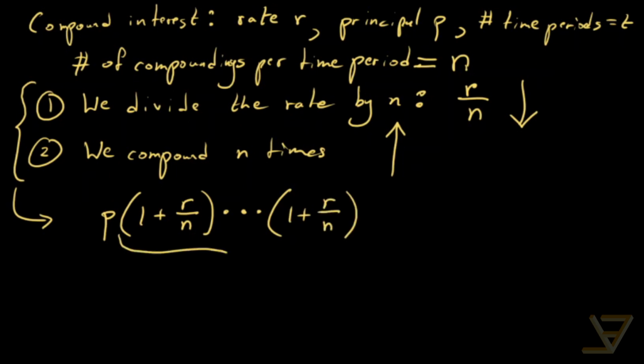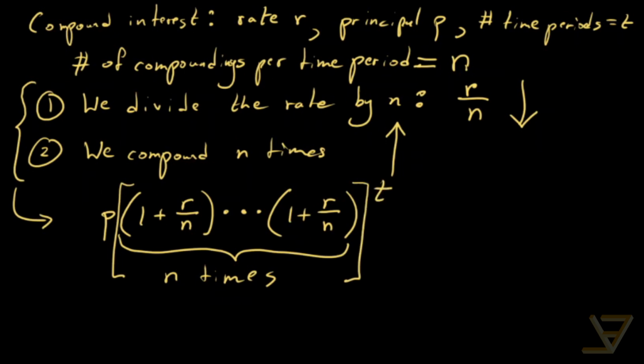So you do that n times, and then you repeat this for each time period, so it's to the power of t, and that equals p times 1 plus r over n to the power of nt.